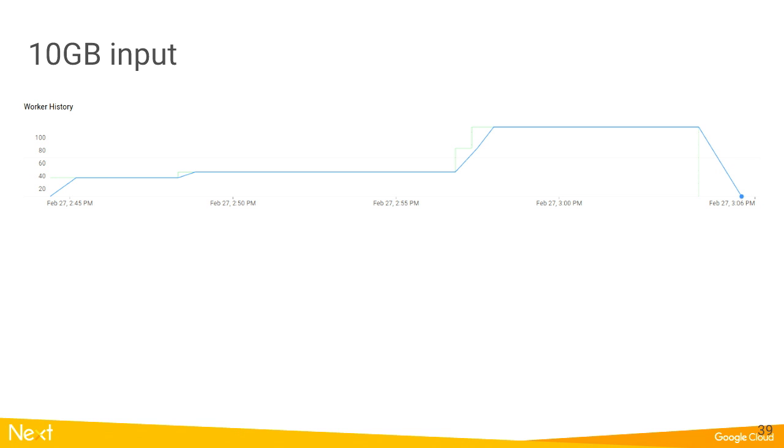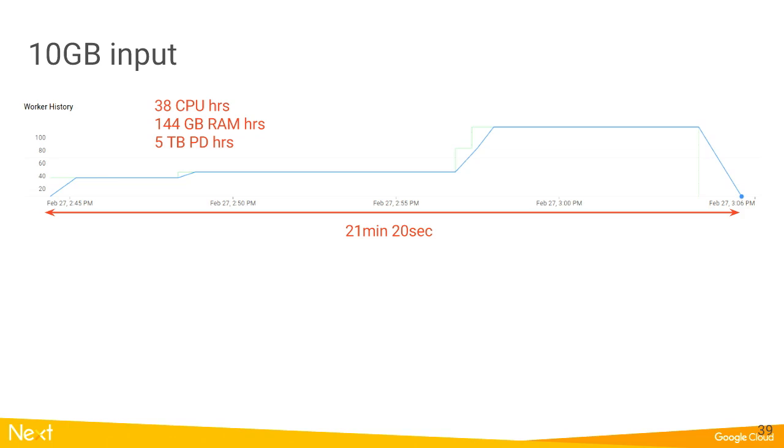So it jumps up, and then once it gets to a bigger stage, like the analyze and transform, it jumps up a lot, and it goes from around 50 workers to 107 or 108. And then it finishes, and it's done. So this job was around 21 minutes, 20 seconds, and it used 38 CPU hours and 144 gigabytes of RAM and 5 terabytes of PD hours.